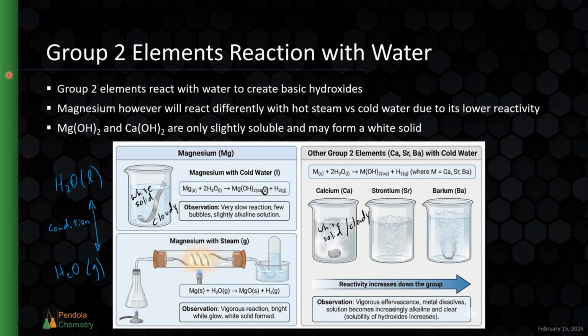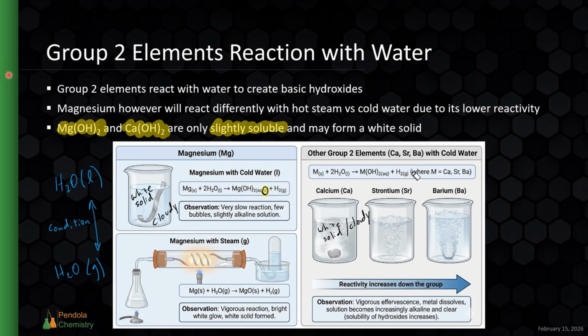And that's because the hydroxides are going to become more soluble as we go down the group, meaning that magnesium hydroxide and calcium hydroxide are only slightly soluble, they're not heavily soluble. We're going to talk more about this solubility later on, because this does become a big deal.